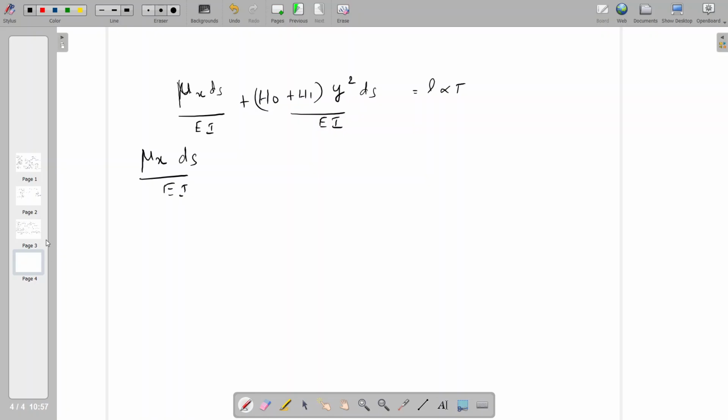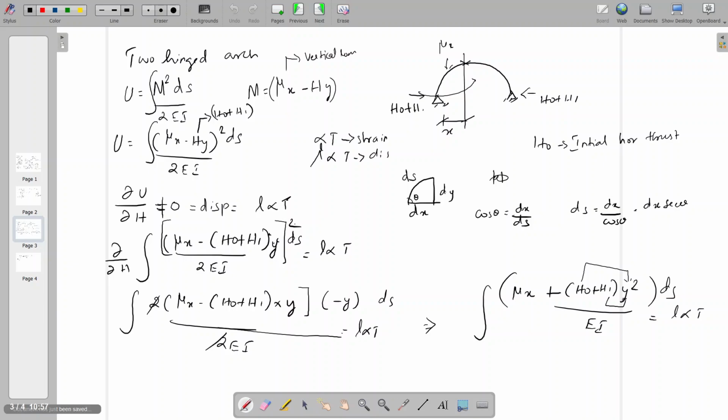Actually in these previous steps, if you are multiplying 2 times (Mu x minus (H0 plus H1) y), y is common to both expressions, so we have to multiply minus y with this Mu x. So minus Mu x into y will be the term.